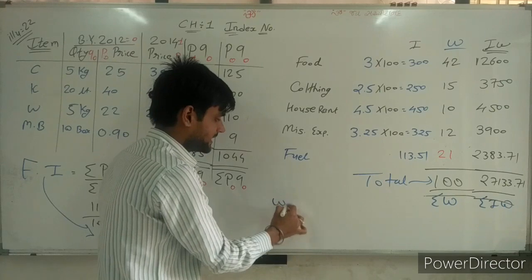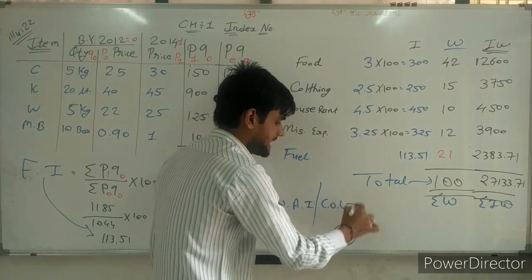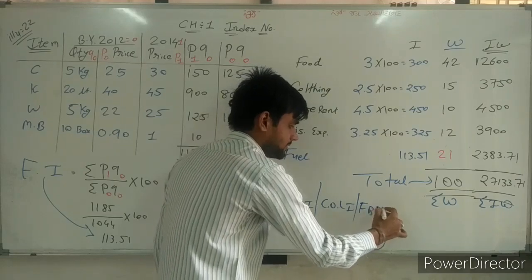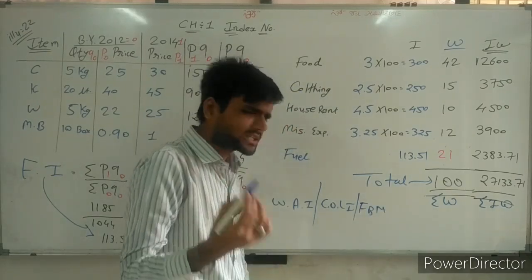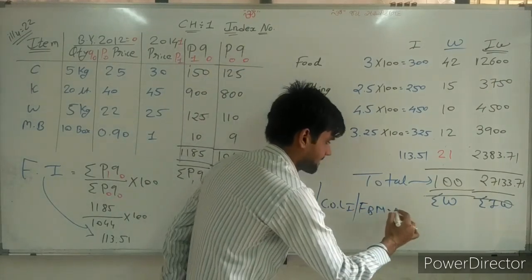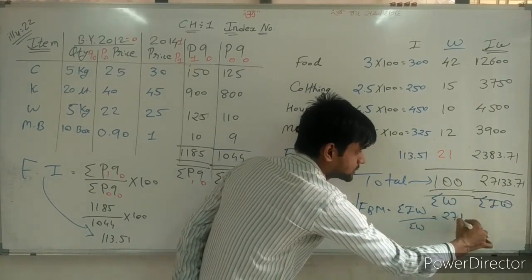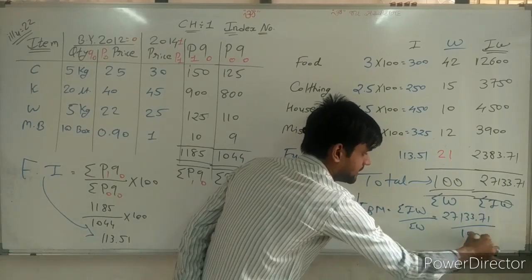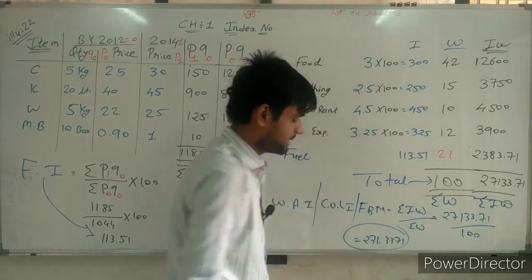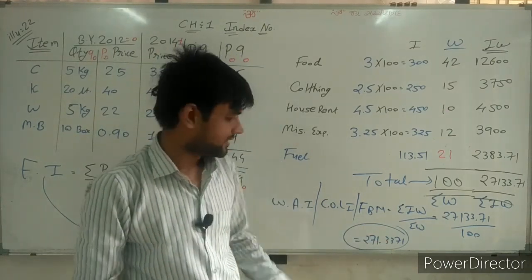Now the weighted average index number, cost of living index number, family budget method index number, whatever name is given, you are finding only sigma IW upon sigma W. So sigma IW is 27133.71 divided by 100, and we are getting 271.3371. Approximately I can say 271.34. This is my index number.